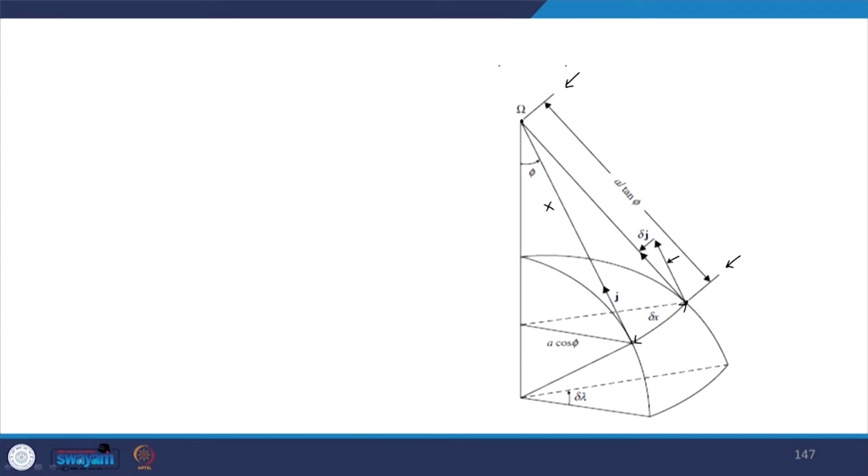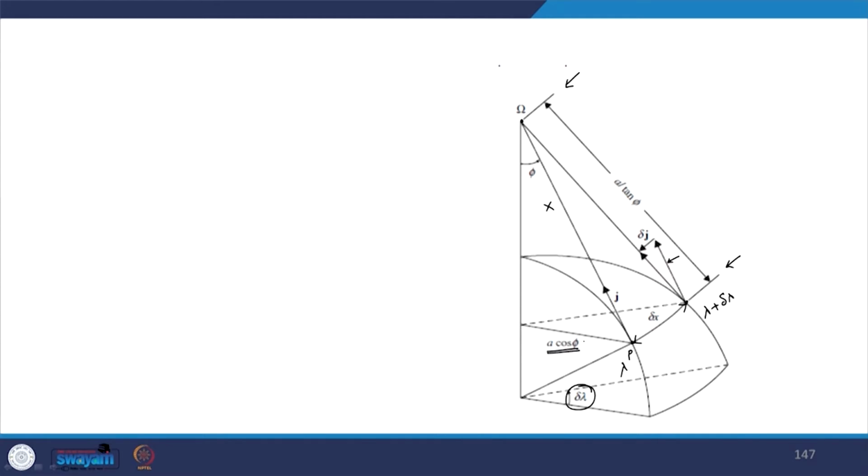It means that if this point P is in the beginning at a longitude of lambda, then after it goes by a distance delta x, it will be at lambda plus delta lambda. So the change in the angle is delta lambda. The radius of the earth is taken to be a, and the distance of the point P away from the axis of rotation is a cos phi.